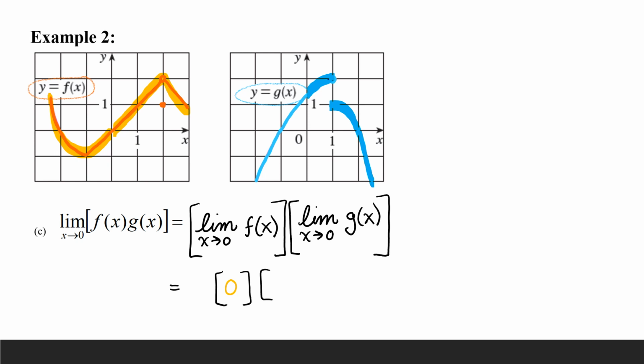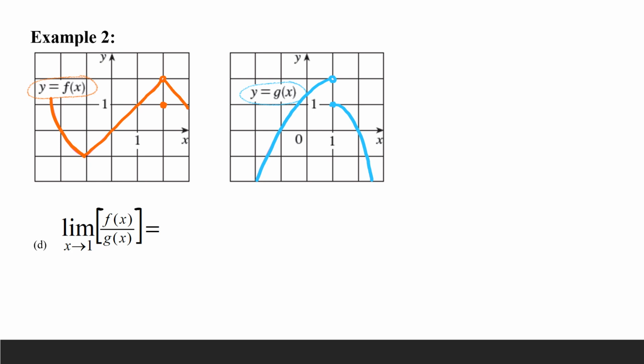It's less than 1.5, so we'll go with 1.3-ish. And the left and right hand limits are both approaching about 1.3. So we have 0 times 1.3, and 0 times 1.3 is just 0. So the limit as x approaches 0 of the quantity f of x times g of x is 0.